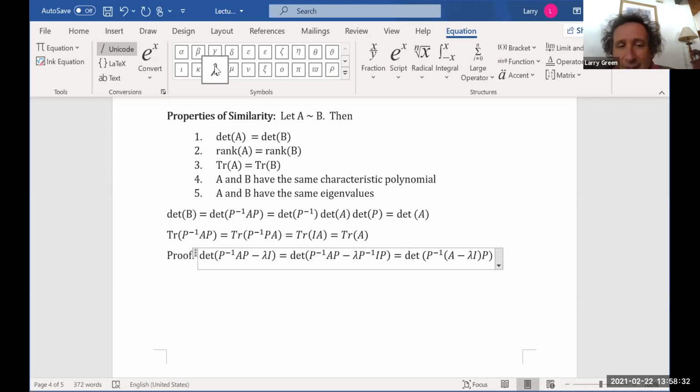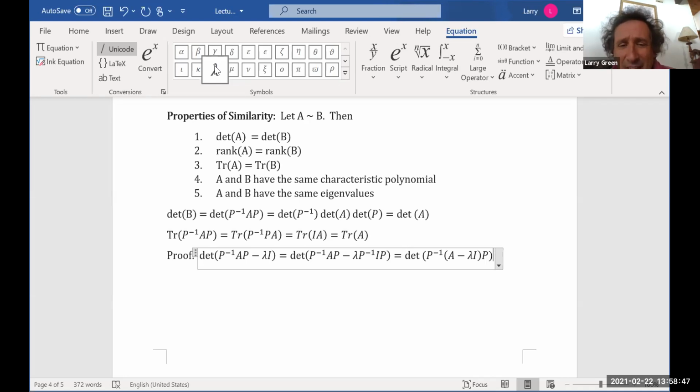That you're allowed to factor on the left and right? That's called the associativity property of matrices. And that was one of our properties a long time ago, early January.